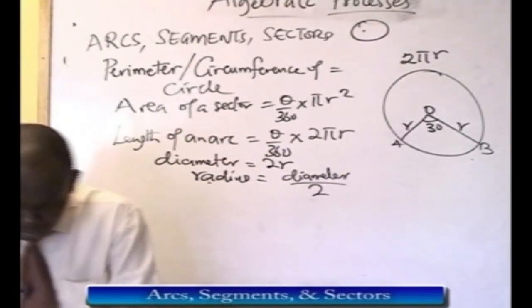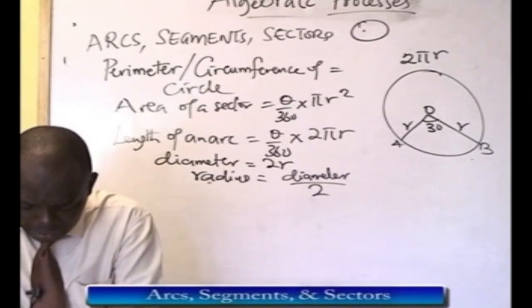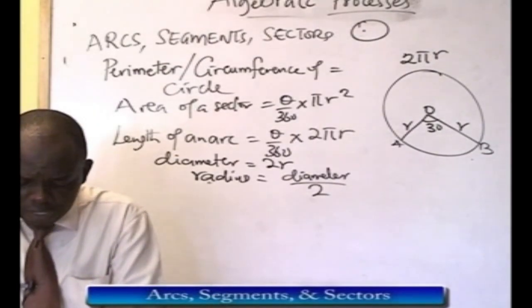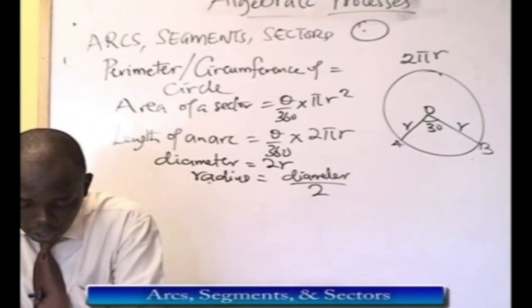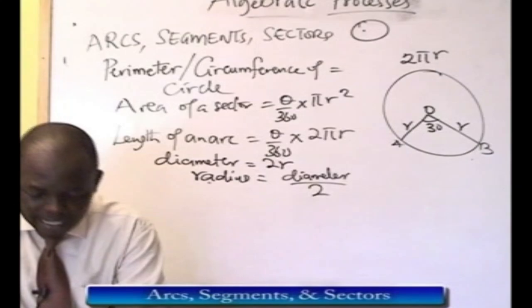Again, let us take a few examples of determining an area of a sector and also the length of an arc of a circle, and then we can move to other things. Let's take this question.